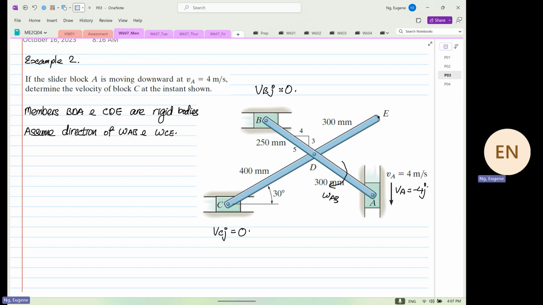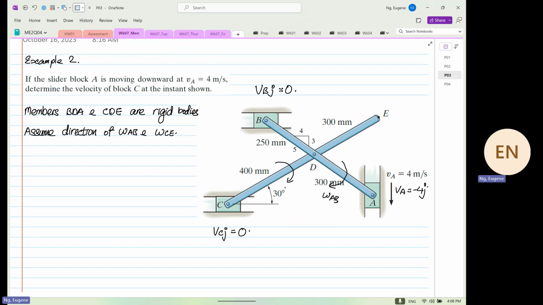And then what is really confusing me now is I have not a clue how omega CDE will rotate. I really don't know. So I'm going to assume them to be rotating this way.